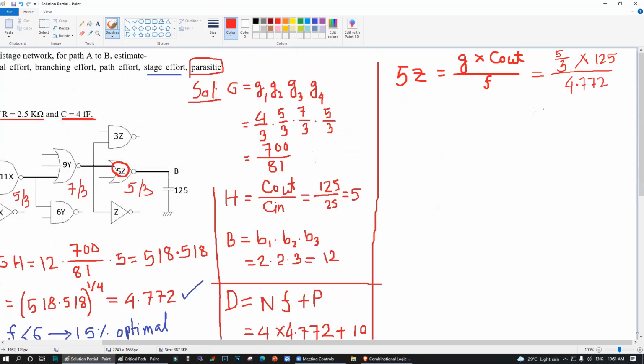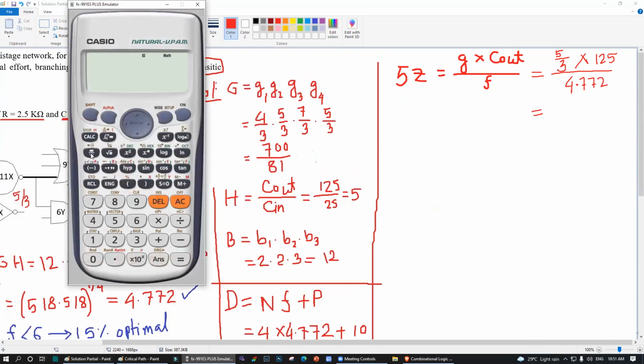4.772. Now, if you put this in your calculator, your value will be something like this. Upper one, it will be 5 by 3 into 125 divided by 4.772. Your value is 43.66.